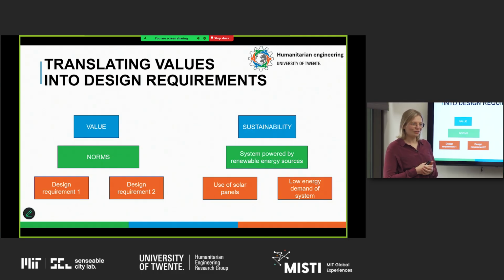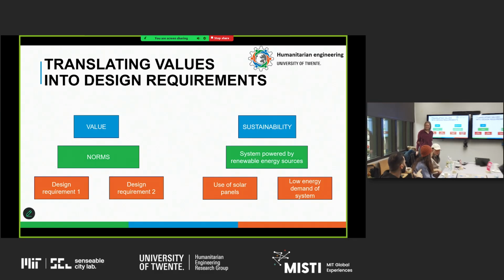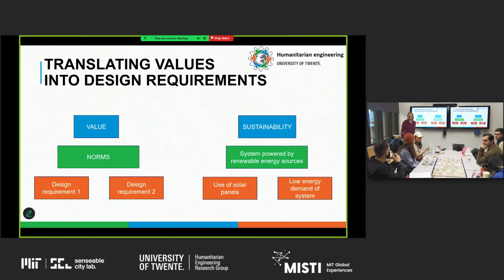Is it clear what value-sensitive design is about? I think that there's a big focus on technology acceptance as well. Is that something you look at as part of your curriculum? Technology acceptance by the community, you mean?